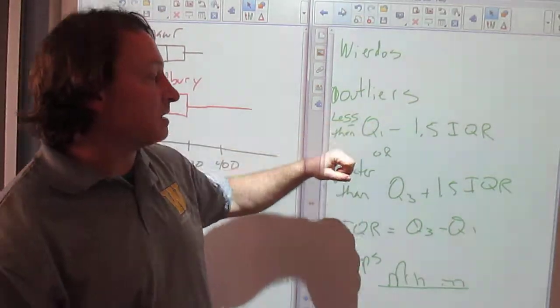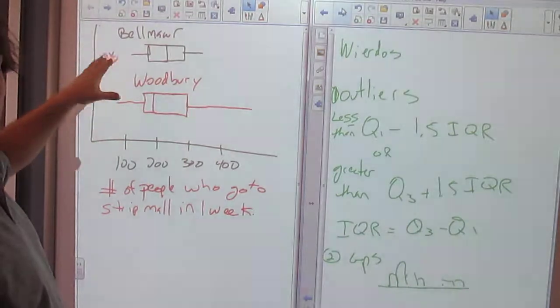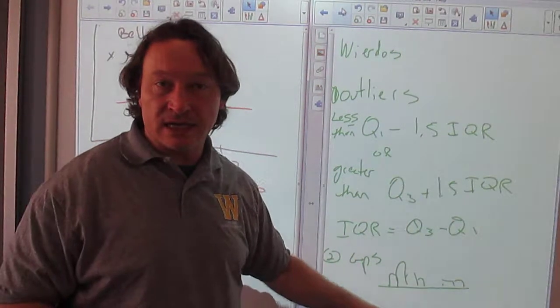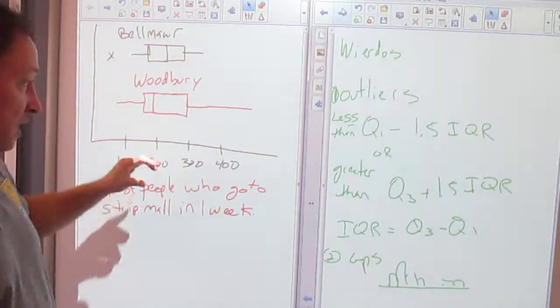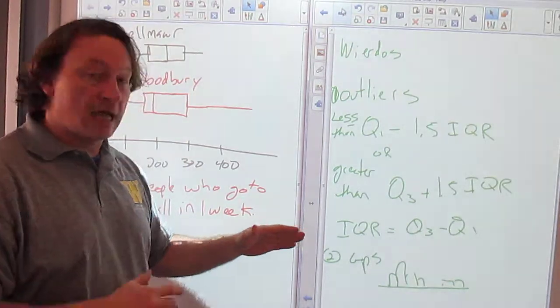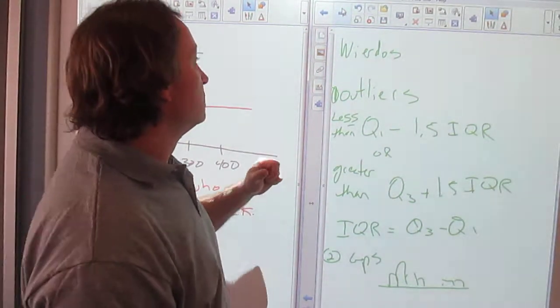Are there any outliers in a box plot? If you're looking for an outlier, it's going to be on there as a star away from the rest of the box plot. You're not going to be able to find any gaps in a box plot. We can go over that later in class. Ask me that question why if you want to know. We're not going to go over it here.